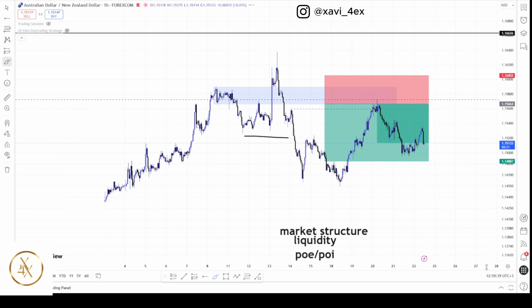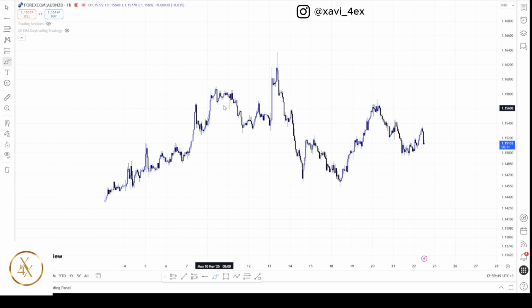After marking a point of entry, it should be below liquidity for a buy and above liquidity for a sell.